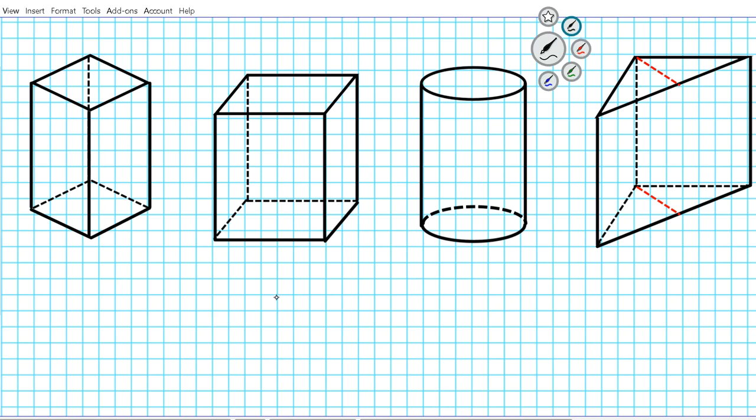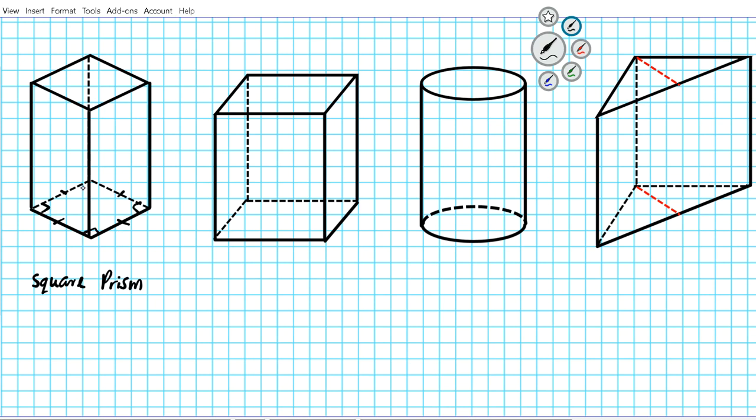a square prism. So the first figure we have here, this is a square prism. The base is a square, so all 4 sides are congruent, and all 4 angles are congruent also. So we have a square prism here.